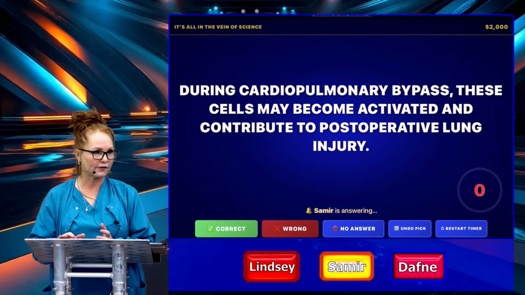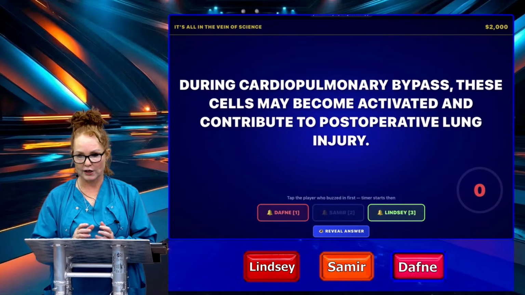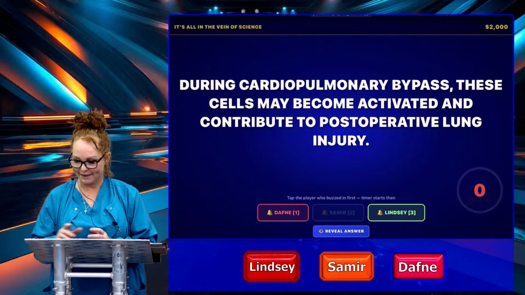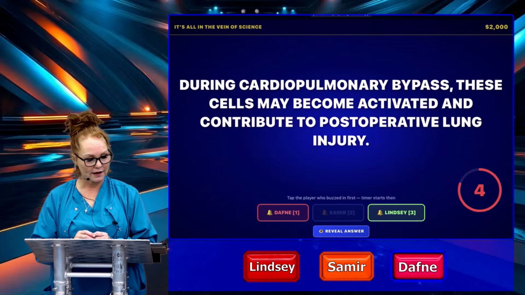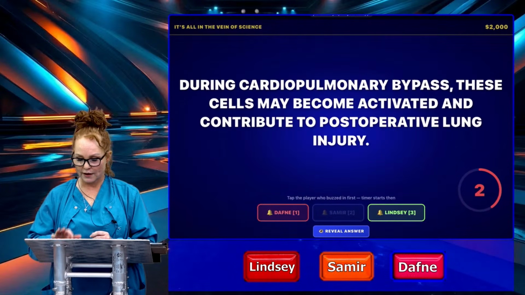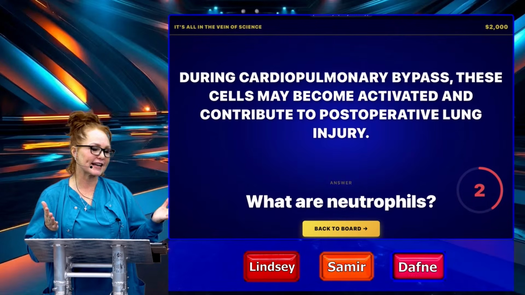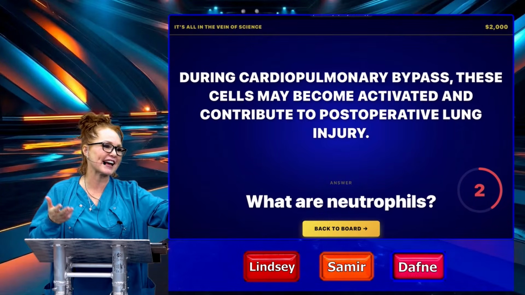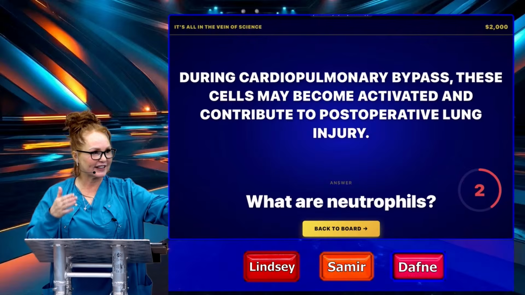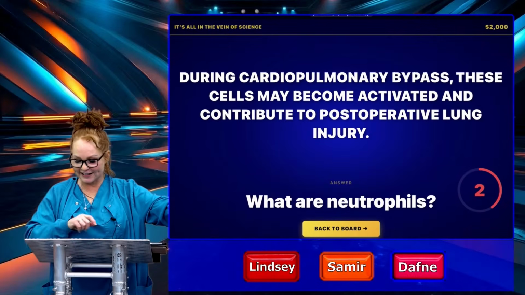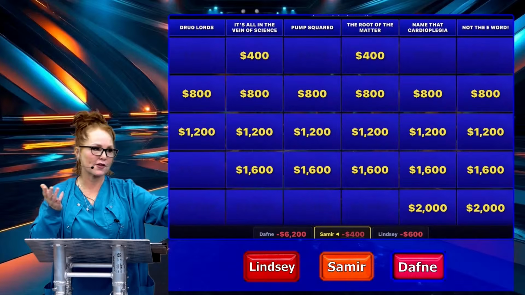No, that's not what we're looking for. But that's what it is. Very close. Anybody? The answer, what are neutrophils? The complement activates the neutrophils. It does, I know, I understand. You're the wrong place in the chain, but on the boards, that's not it.